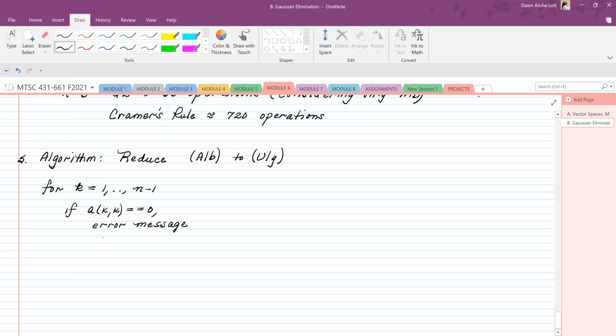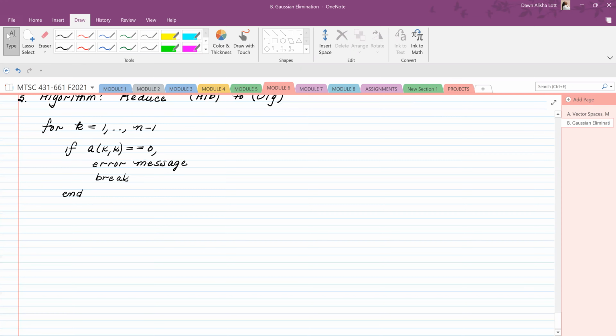And then you break, because this does not allow for any one of our pivots to be 0. So if that's not the case, then you go on and you do for I equal K plus 1 all the way up to n.